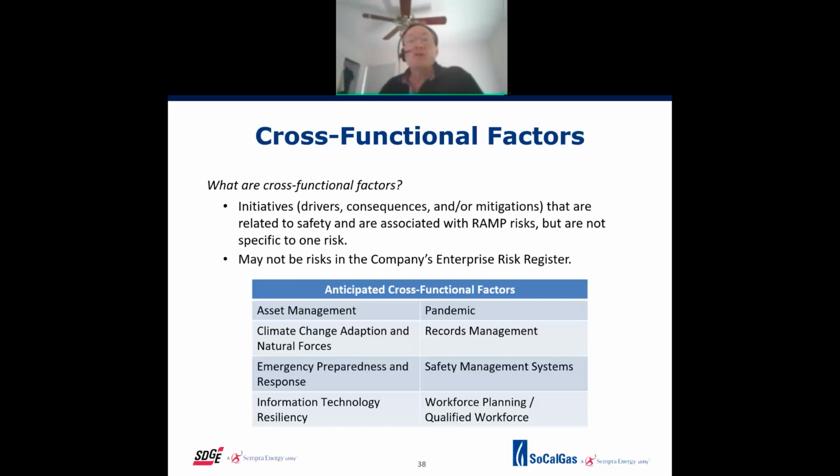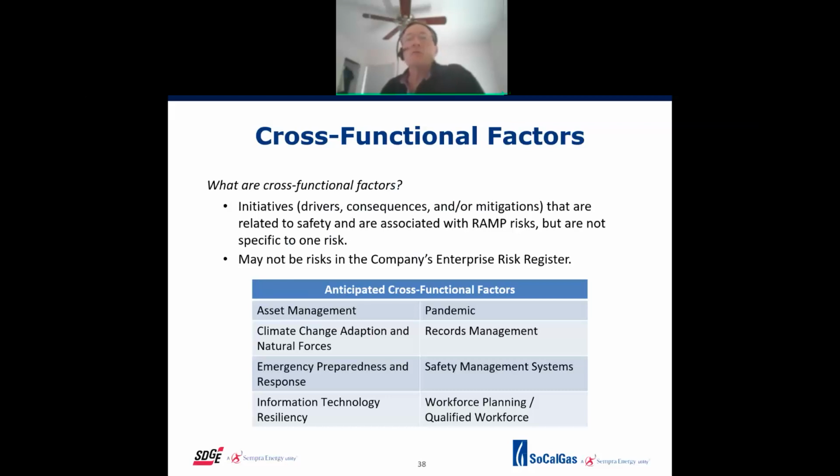A few instances of cross-functional factors may also be risks that are in the enterprise risk register, and then also activities that are not associated one-on-one with risks that are in the enterprise risk register. We've identified 8 so far, and those 8 are, in alphabetical order: asset management, climate change adaptation and natural forces, emergency preparedness and response, information technology resiliency, pandemic, records management, safety management systems, and workforce planning and qualified workforce.